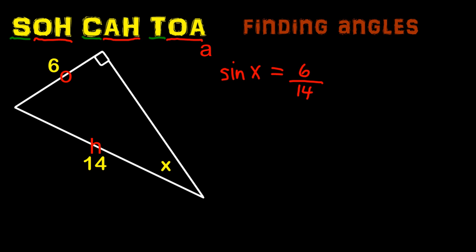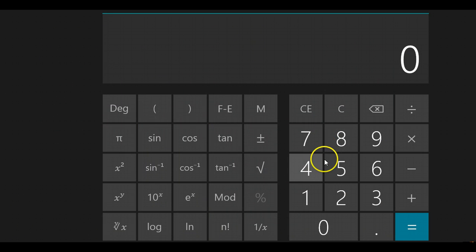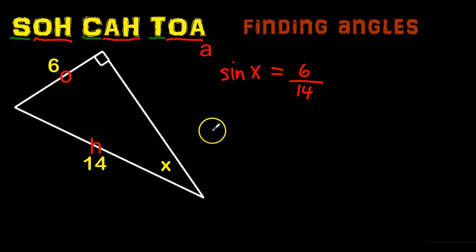So let's calculate 6/14. We'll take 6, divide by 14, and that gives us 0.429.